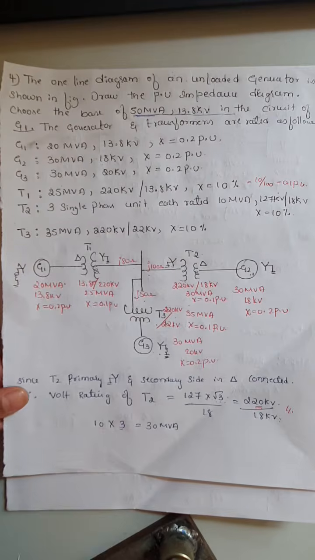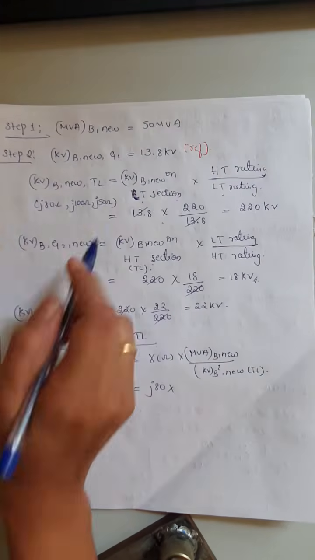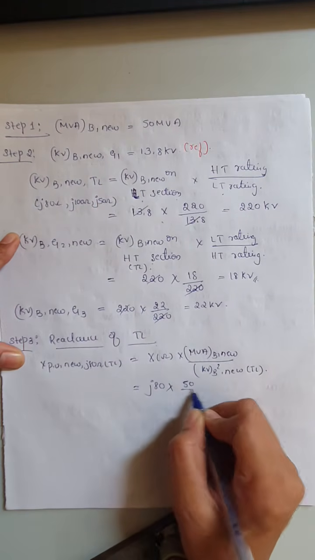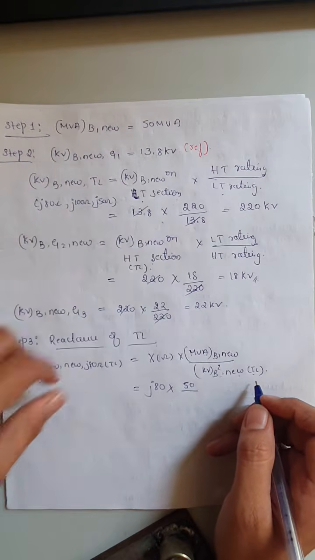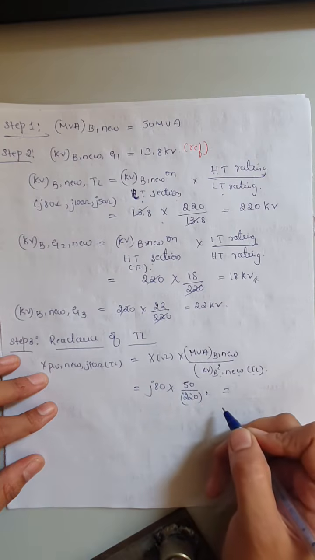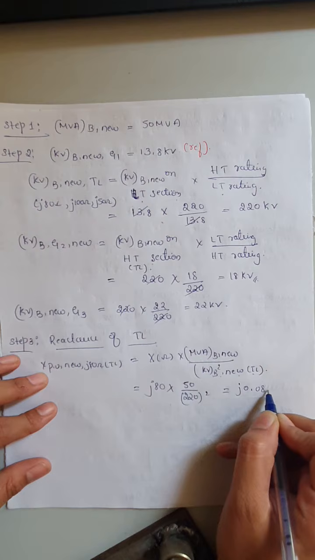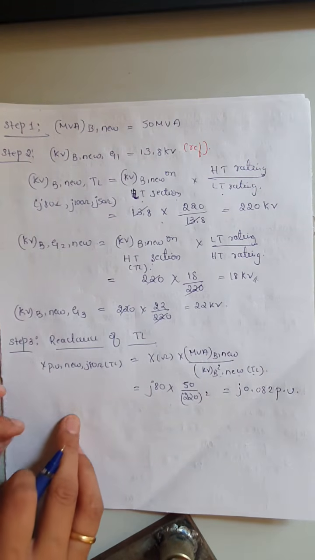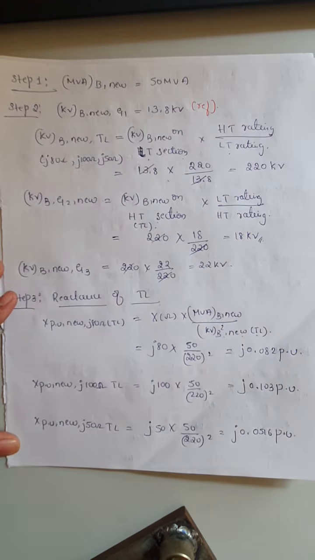Now look at the given data. MVA base new given in step 1 is 50, and kilovolt base square new for the transmission line is 220 kilovolt whole square. So after this we'll get the answer as J 0.082 per unit.